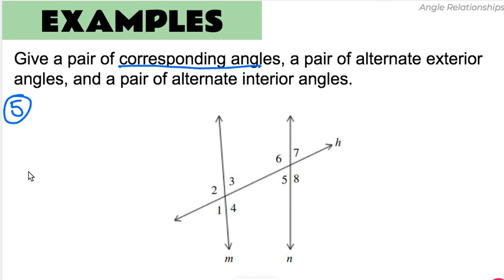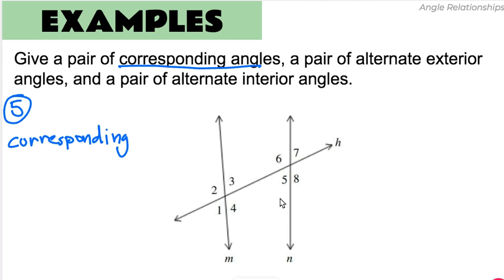There's a bunch of other stuff, but we'll get to that in a second. Okay, so corresponding angles mean that if I were to pick up and plop down, my angles would match up perfectly.